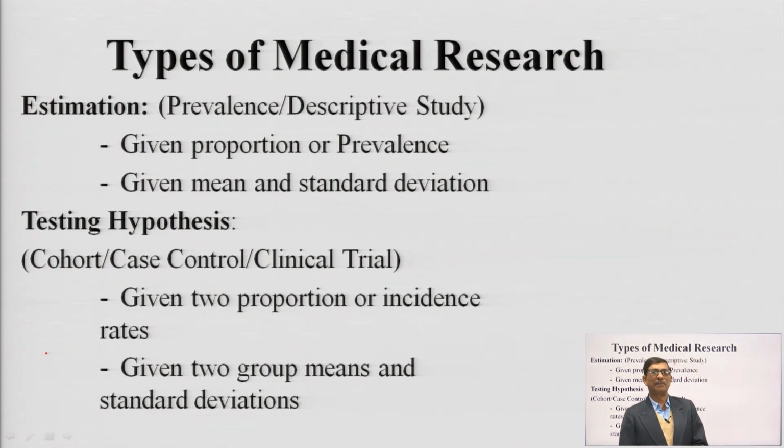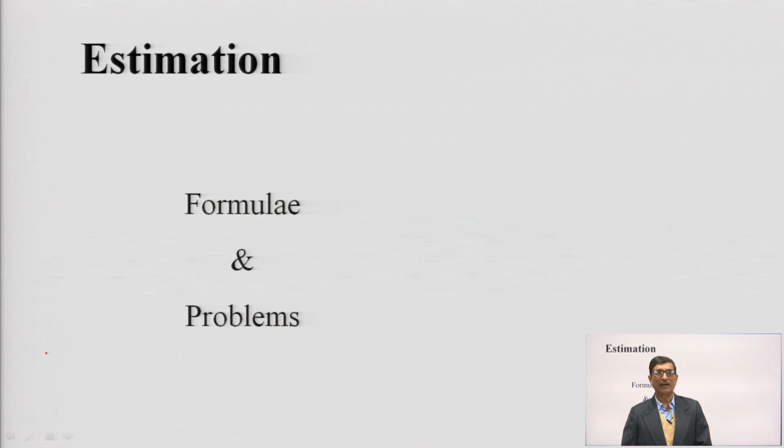And in testing of hypothesis, to calculate the sample size, we have two things: either we have two proportions or incidence rates, or we have two group means and standard deviations. Now, how do we calculate the sample size? There are different formulas.